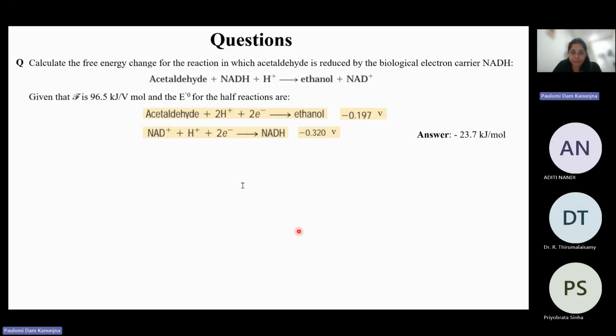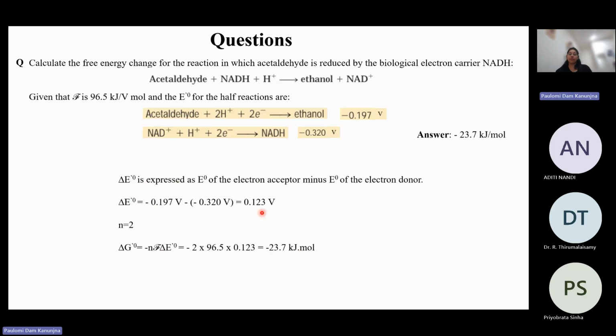Let's just give it a try. Okay, maybe I will show it to you because I think I can understand where the confusion is coming from.